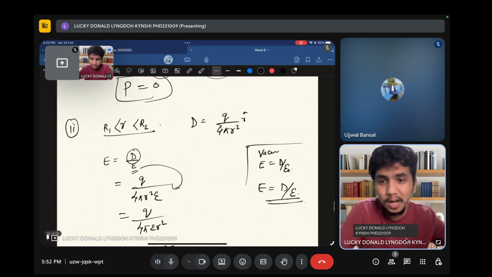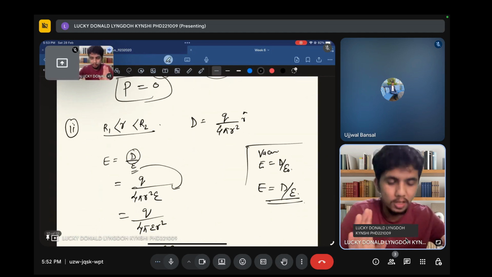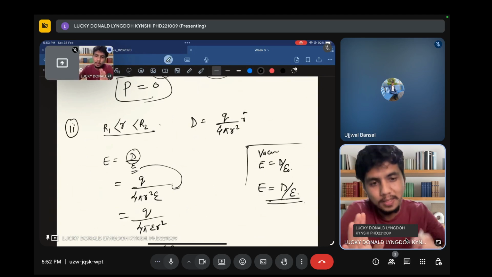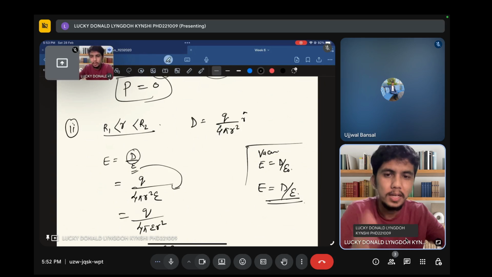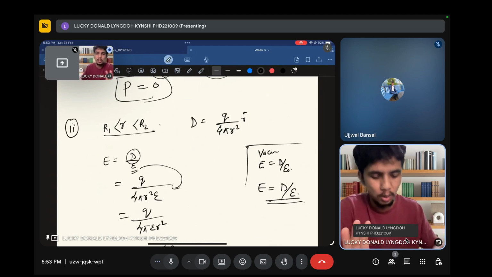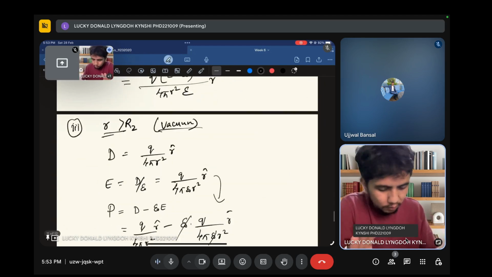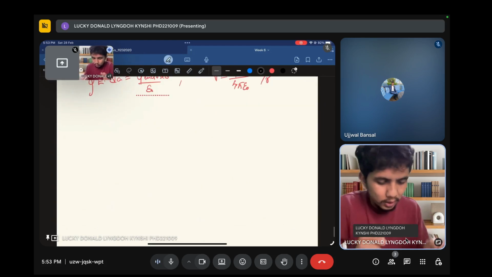Now there are three parts in this question number 3. Less than R1 you have a vacuum, greater than R1 and less than R2 you have a medium with permittivity epsilon, and outside of it, R greater than R2, is simply a vacuum, again the same thing as your region 1. If I try to recollect it, what does it mean?